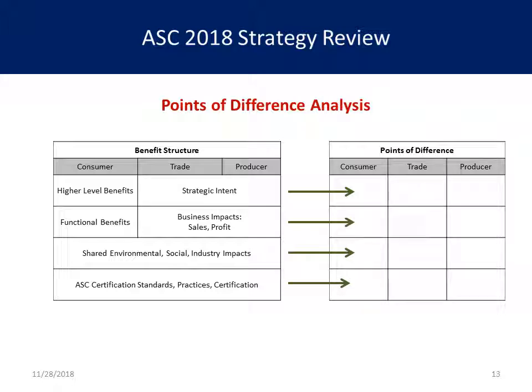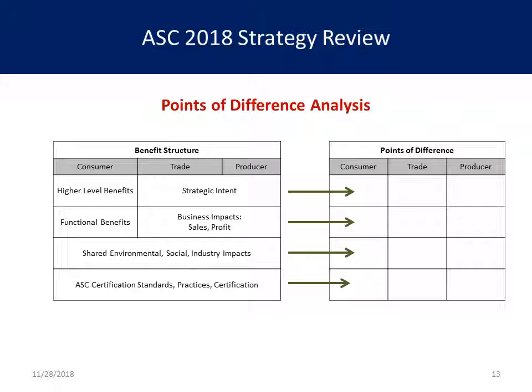Not only do we have to understand a benefit structure, we have to be able to look at that structure when we've populated it with ideas and identify within it what are points of difference. So we could call that a points of difference analysis.